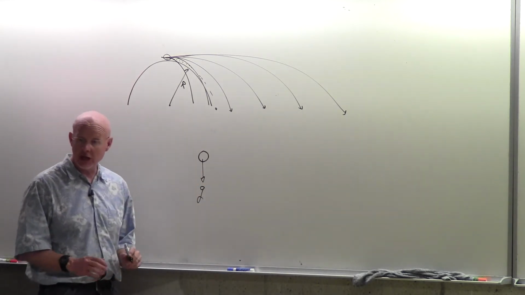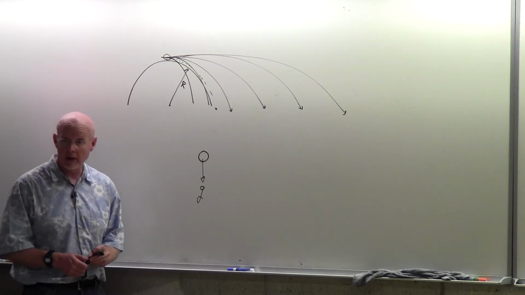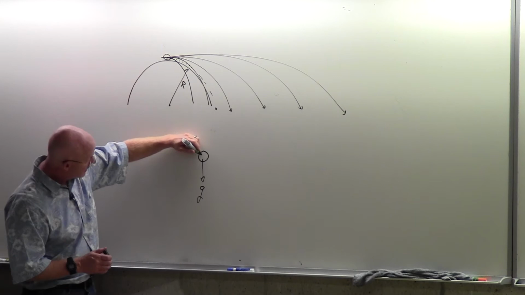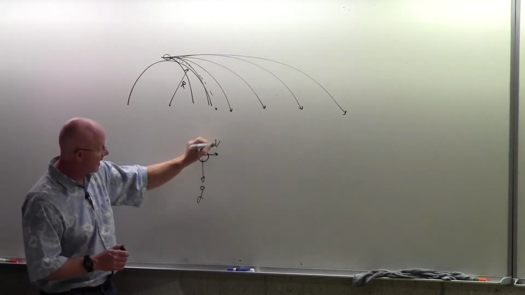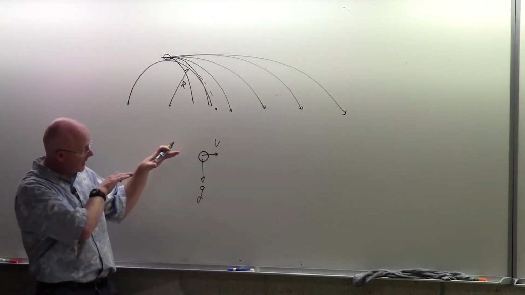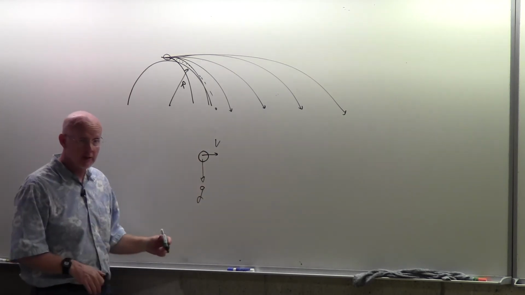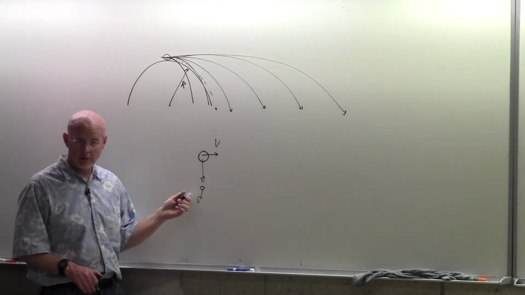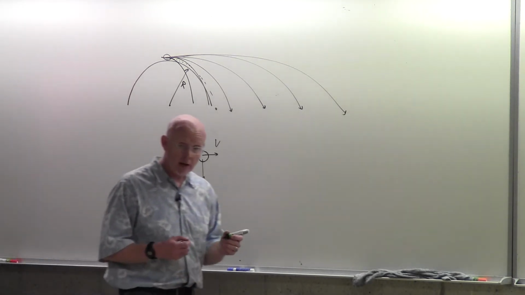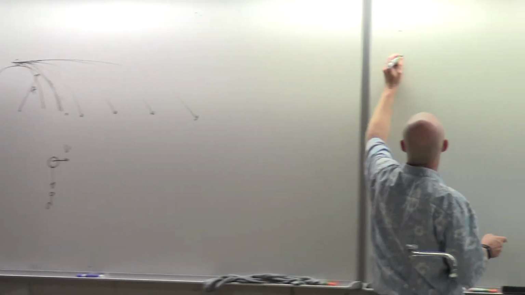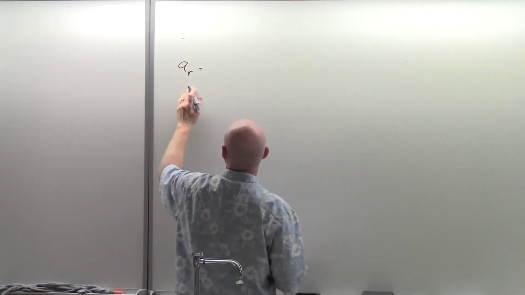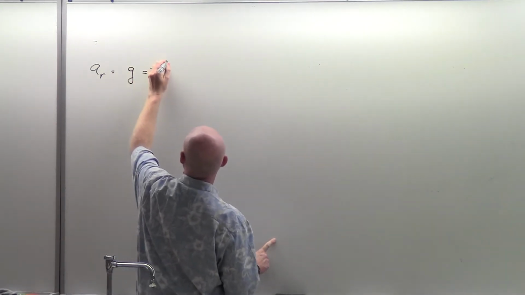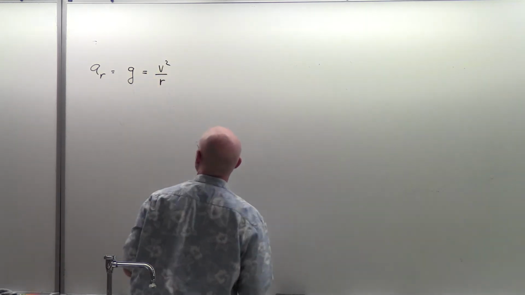It has an acceleration of g, 9.8. Right? And so at the instant you kick it, it's traveling that direction, so there's velocity. And it then is turning. Isn't this the radial acceleration at that point? So I would say that the radial acceleration is g. And that has to equal v squared over r.